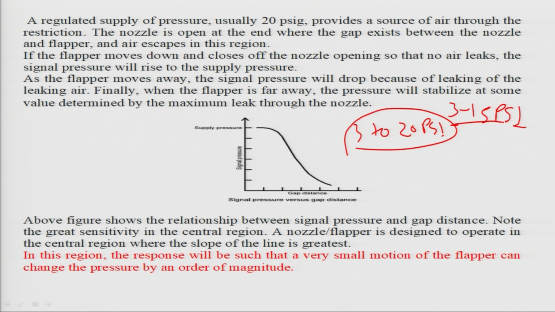According to that concept we can measure the motion. The main thing is that the flapper moves upward, and when the flapper does not move, there is no motion, so the air pressure will decrease or increase. That concept we can consider. If you see the linearity of this flapper nozzle system, you can see that this region is linear.